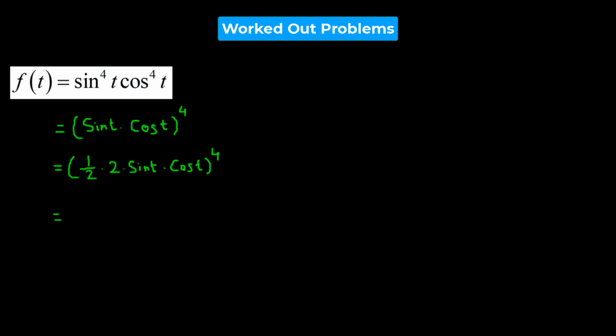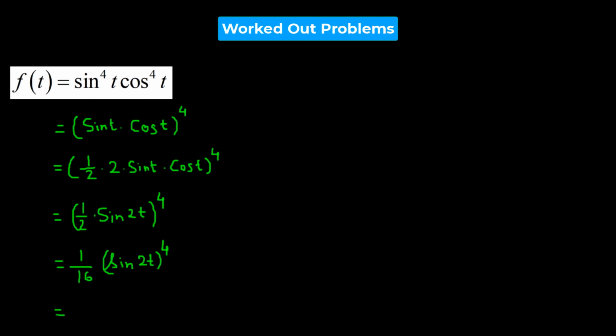So that gives us 1 over 2 times 2 times sine of t cosine of t, which will be sine 2t, whole raised to the power of 4. So we have half raised to the power of 4, so that will be 1 over 16 times sine 2t raised to the power of 4.